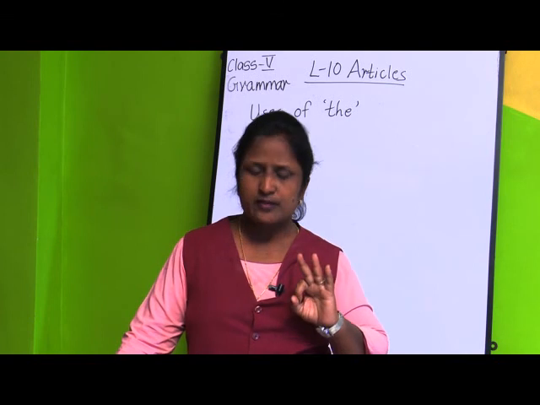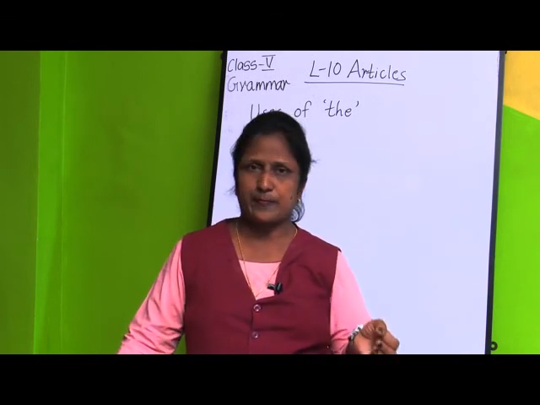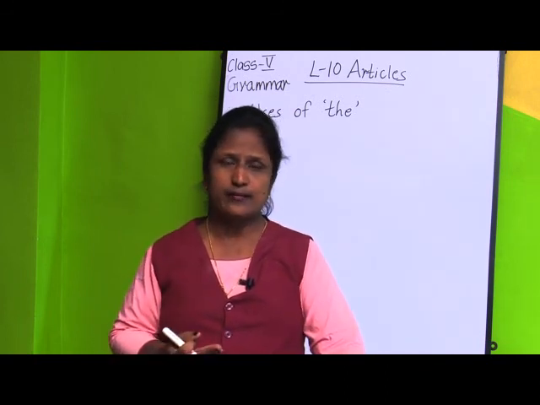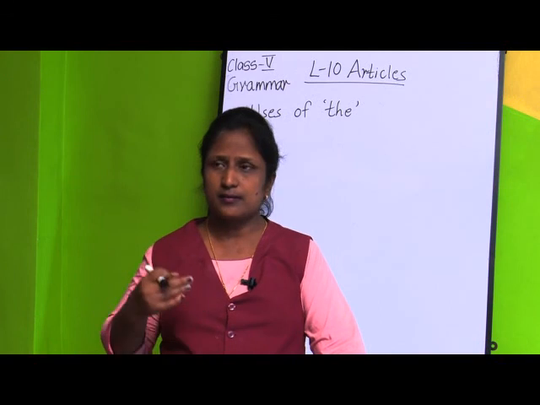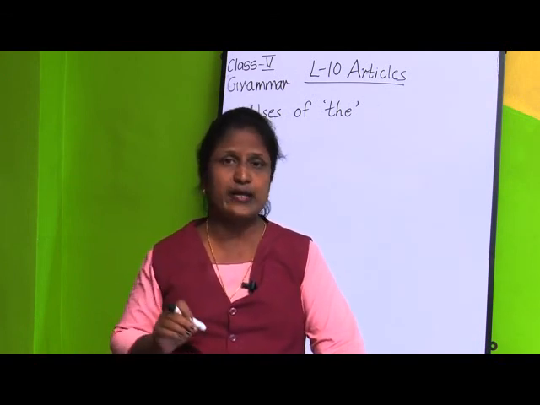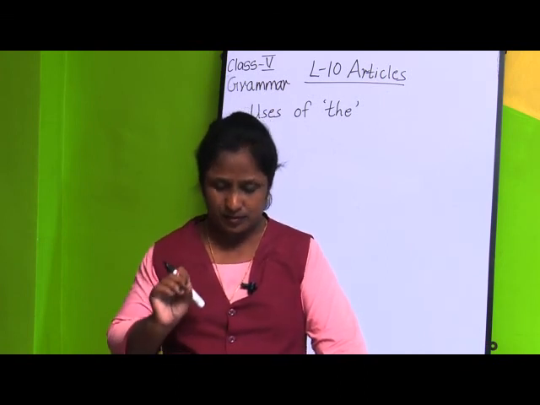Third thing is what? When we are talking about the holy books or any newspaper. Holy books, we can say the Gita, the Quran, the Bible, the Ramayana, the Mahabharata. These are holy books. That time also we are going to use article the.